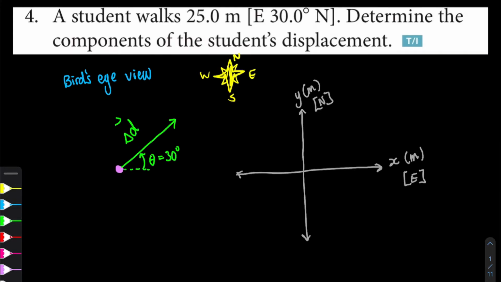So that means that the negative axis will be west and south respectively. We're going to redraw our displacement vector with the tail right at the origin of this coordinate system. This makes it much easier to recognize that if you start from the east direction, you rotate 30 degrees towards north in order to get the angle theta of our displacement vector.